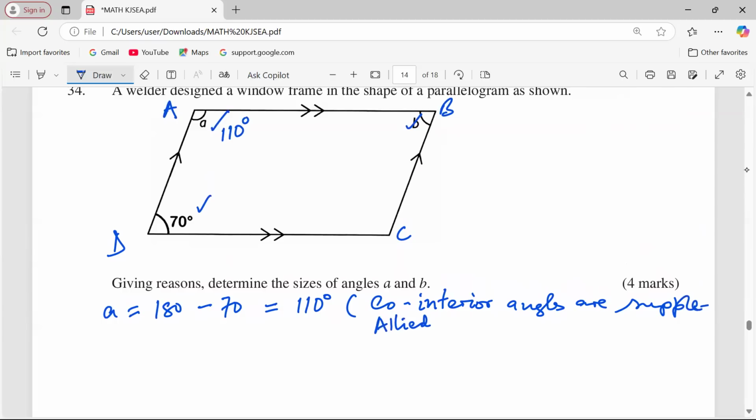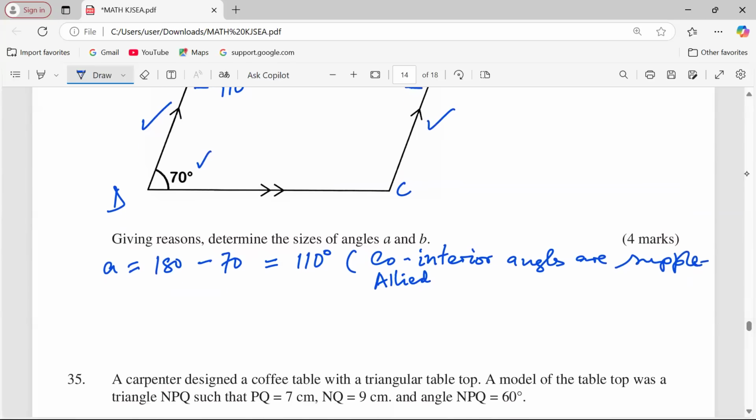Then now, considering parallel lines AD and BC, because this line is also parallel to this, A and B are again co-interior. Therefore, for us to get B, we need to take 180 minus 110 to give us 70.